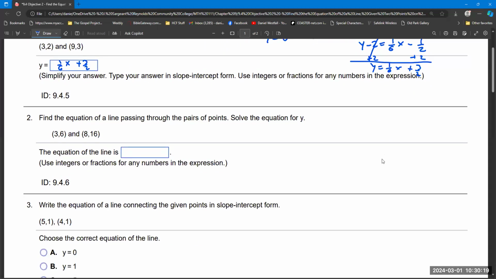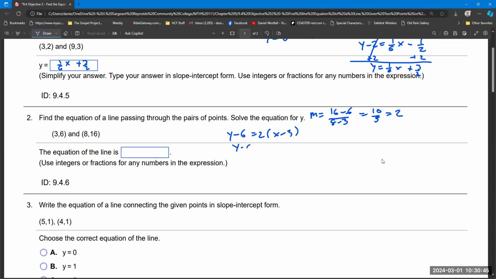Let's find the slope for this next one. 16 minus 6 over 8 minus 3 is 10 over 5 is 2. And again, I'm going to use the point with the smaller numbers if I can, just to make my arithmetic easier. So y minus 6 equals 2 times x minus 3.